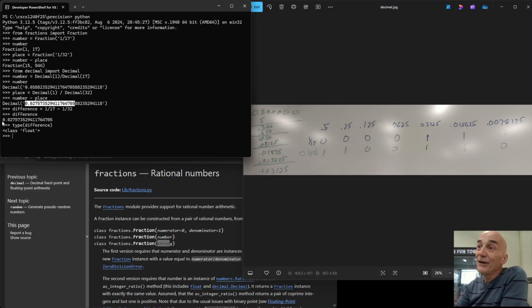In fact, if I look at difference and the type of it, we see that that is an object of the class float. That is using the more typical IEEE 754 algorithms to represent floating point numbers, but with much less precision.